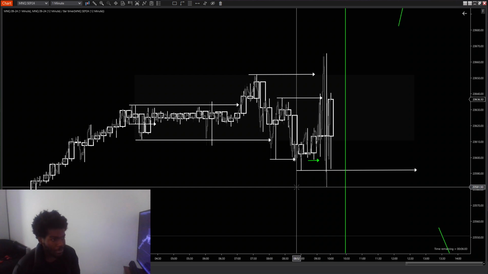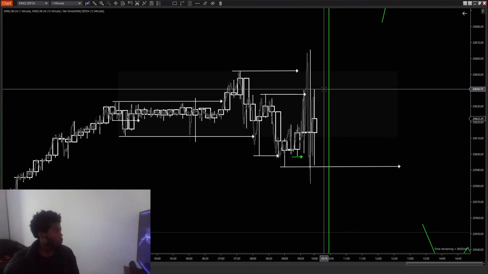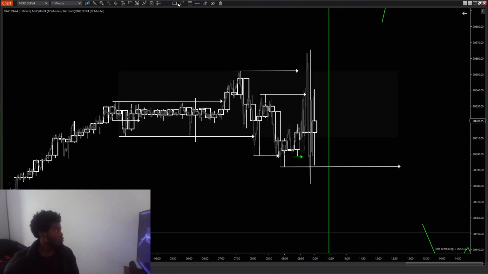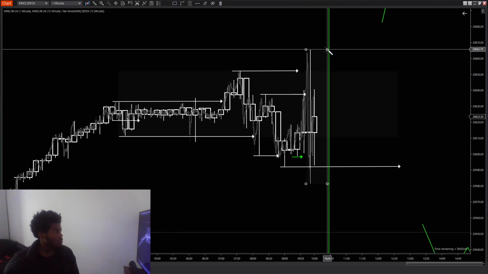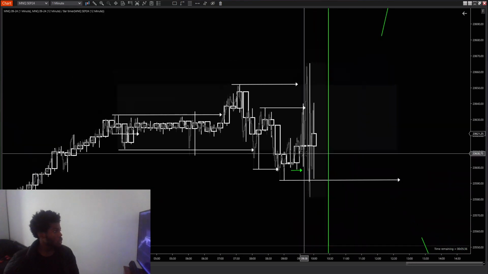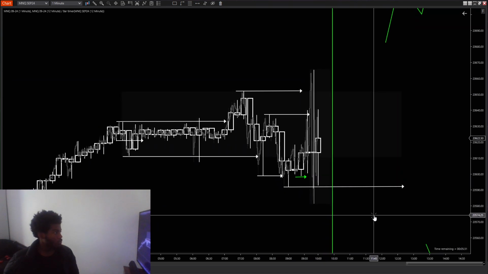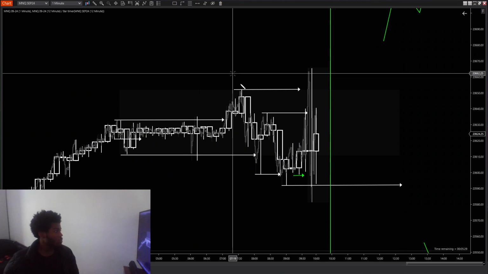Just expending the mental energy to even try and find a position within these hours, that's just something I personally don't engage in for real. Apart from that, it seems like price is literally just ranging between this and this. And either side that it chooses to close above or below would create another range. But so far, on the 1 minute, even on the higher time frame, it's a wick.